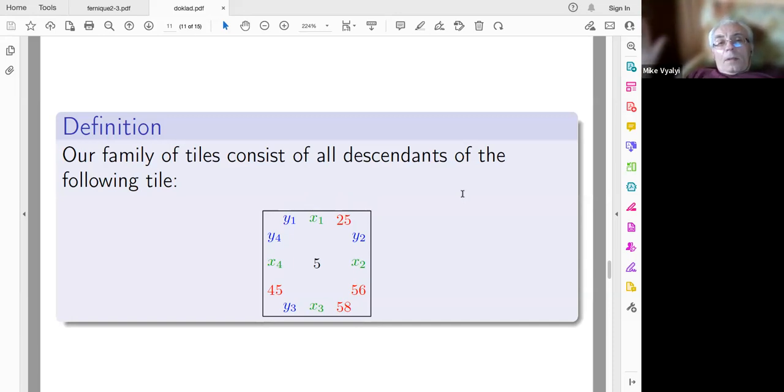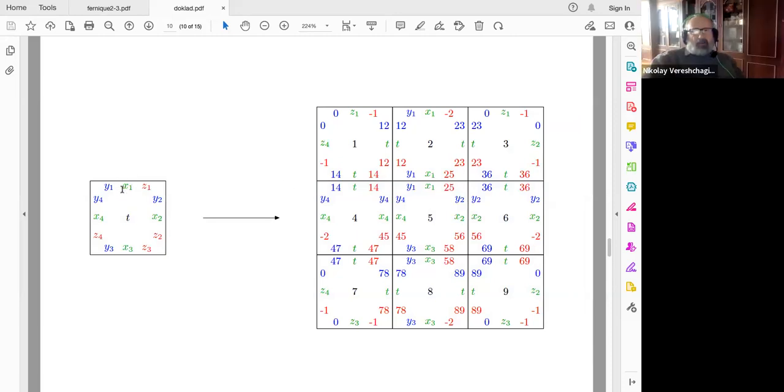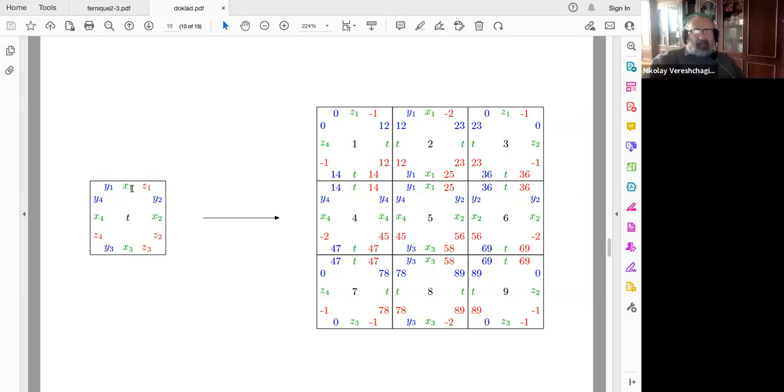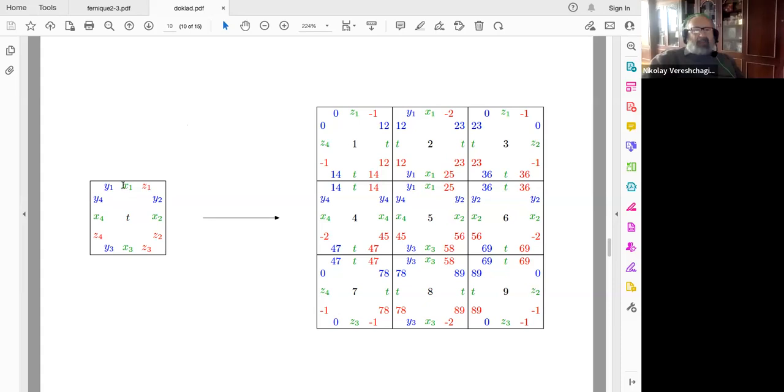X1 can be some particular thing, for example, x1 can be 25. Or x1 will be just the variable x1 in our tiles. So if x1 is something particular, then child number 2 has also some particular x1 here. If x1 is a variable, then child number 2 has also a variable here.